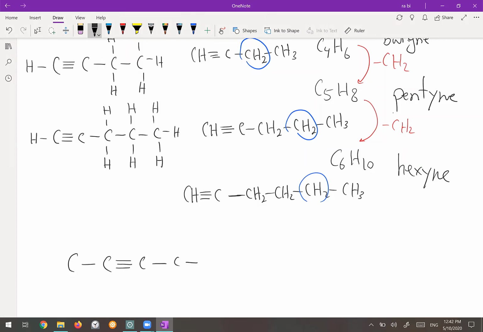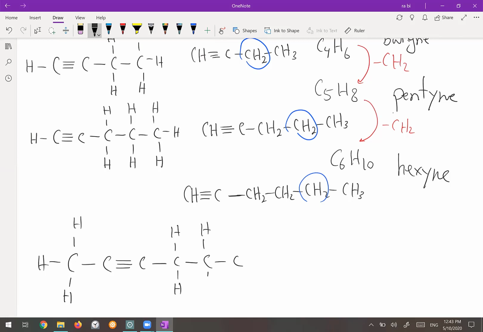Okay. So I'm drawing the hexyne, so I need 6 carbons, 1, 2, 3, 4, 5, 6. Let's put the hydrogens. The first carbon needs 3 hydrogens. The second carbon doesn't need any hydrogen because all of its 4 valence electrons are shared. The third one also doesn't need any hydrogen, but the next carbon needs 2 hydrogens.